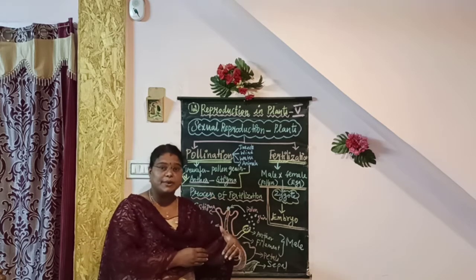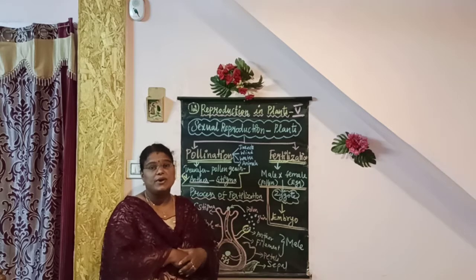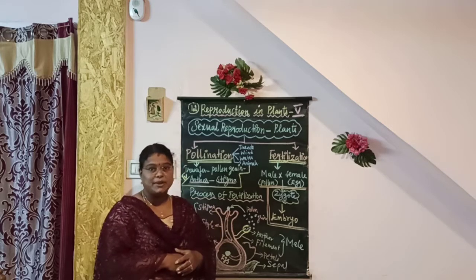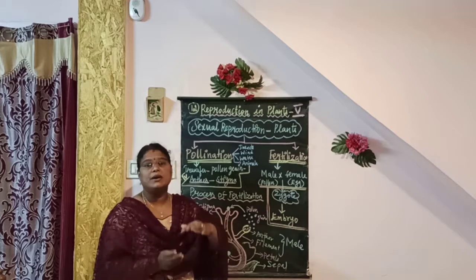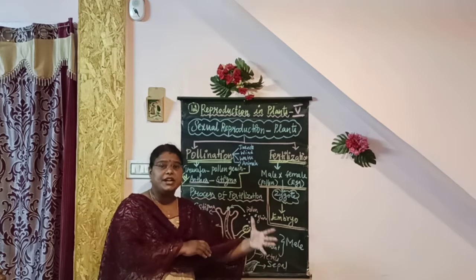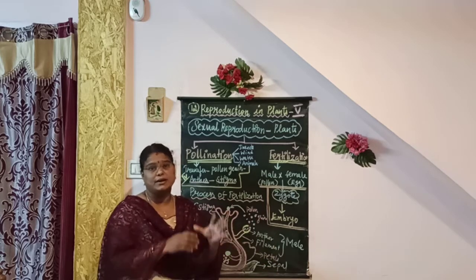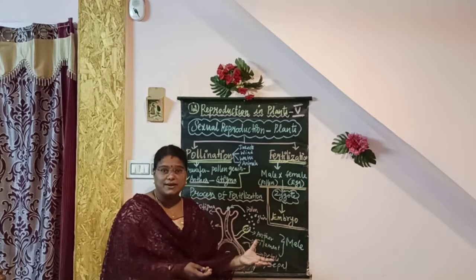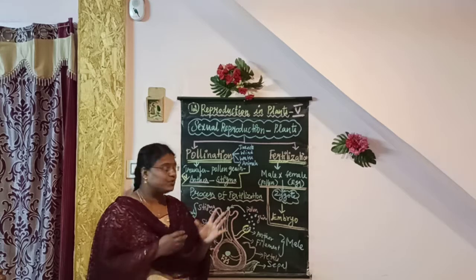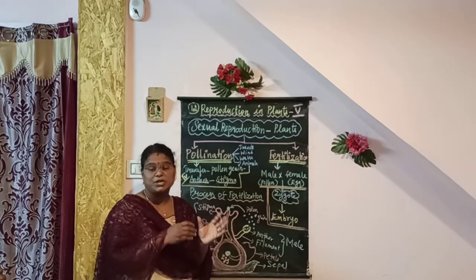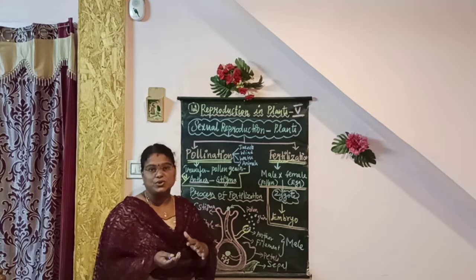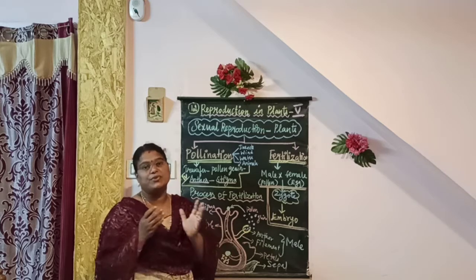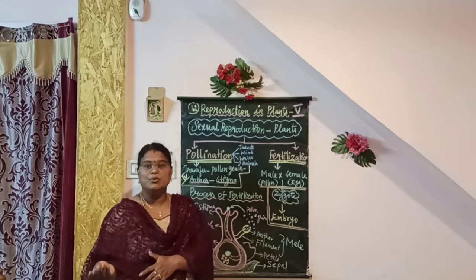In asexual reproduction, no fusion of male and female gametes takes place. Directly from the vegetative parts, that is root, stem and leaves, new young ones or a new plant is formed. Through sexual reproduction, especially through the flowers, fruit is formed by fusion, and from the fruit the seed is formed, and from the seed a new plant is formed.